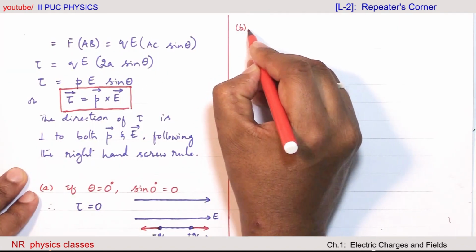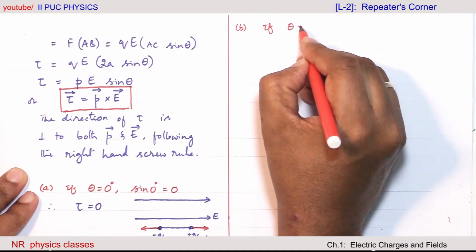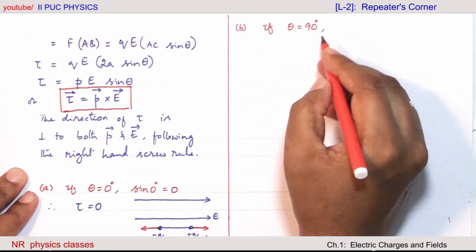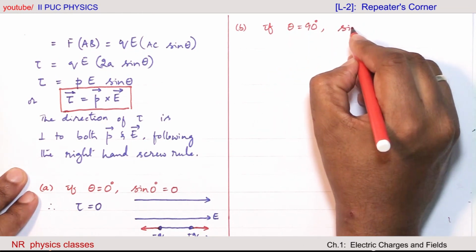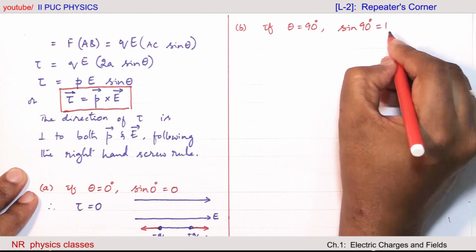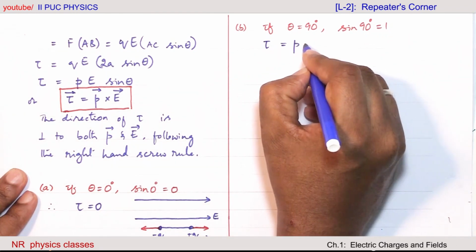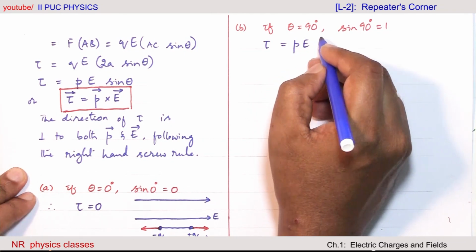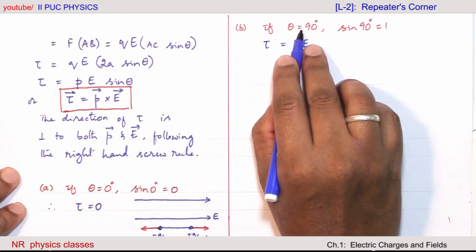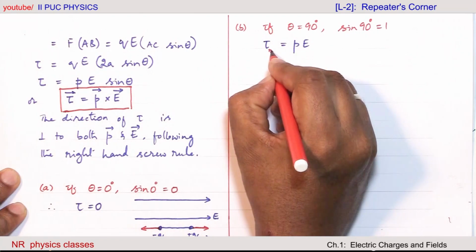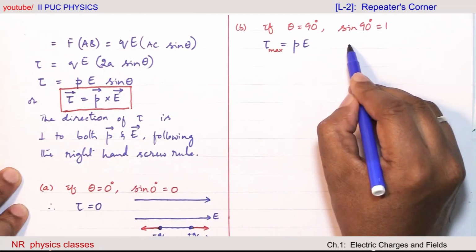Second case, if theta is 90 degree, sin 90 is 1, then torque equal to P into E, and this torque is maximum if theta is 90 degree. Torque is maximum. This is the electric field.